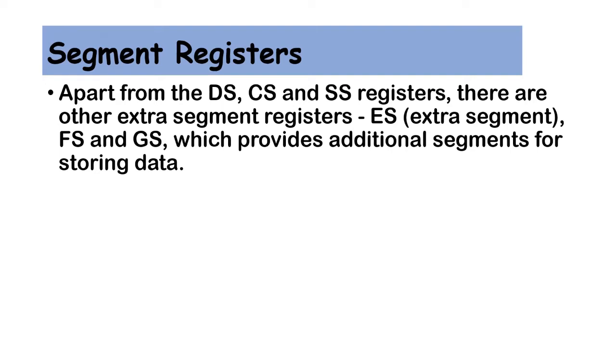The reason for this extra segment is the limitation of the number of bytes of memory that you can access within a processor, especially in the 8086 processors, with respect to how many bytes you can address at a time. That one is called the 64K limitation. You can read about it later.